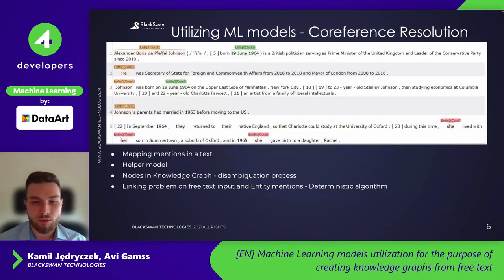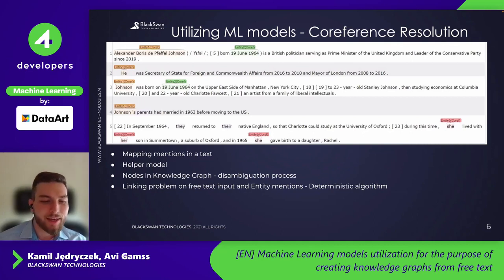Okay, and right now I'm on the 3rd model, which is the last model that we used here. And this model is the coreference resolution model. We are internally saying that this is just a helper model. Why is it a helper? Because in free text form, it's very common that you will see pronouns.